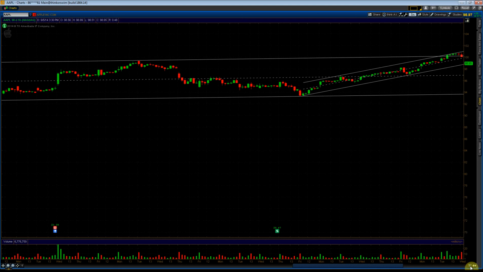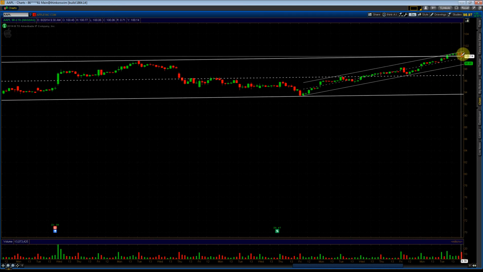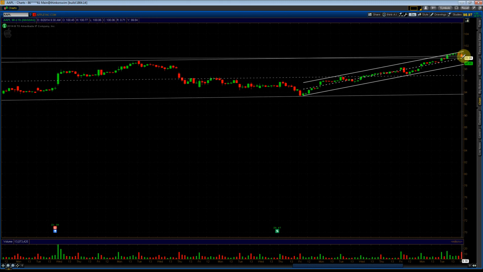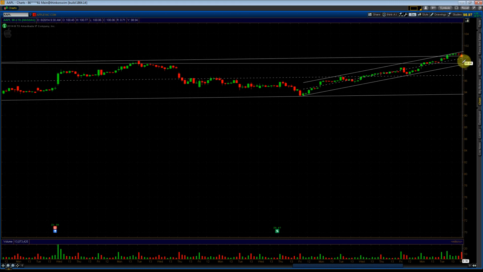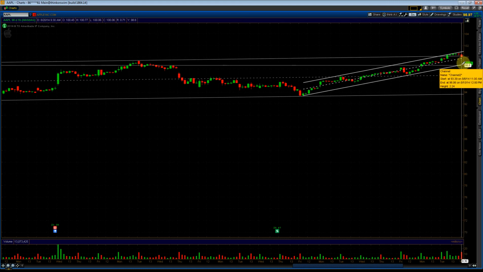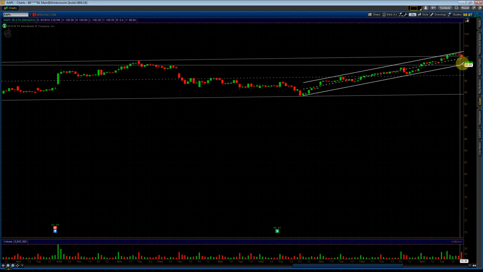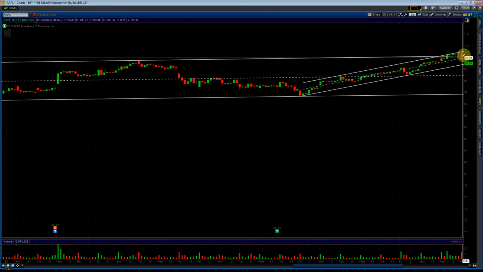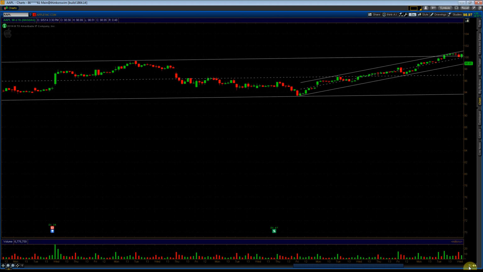You've got one of two choices here. You could let it continue in the channel. You can see that from this point, when you're looking at it, it's like, well, I could hold it here, maybe let it give the 50% line, but I definitely don't want it to drop all the way down to 98.60, because that would be like $2 lower than what it is right now. The 50% line, again, seems to have saved you.